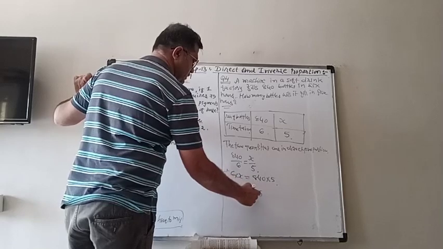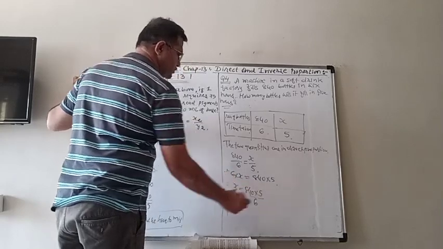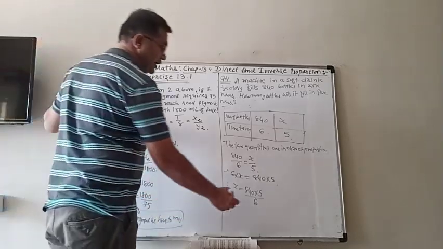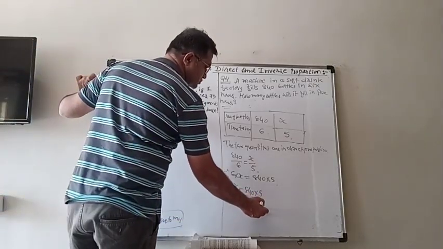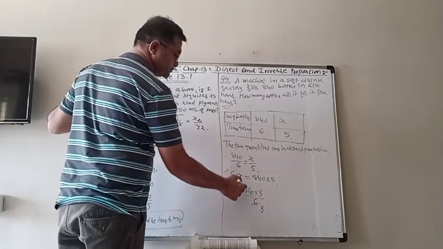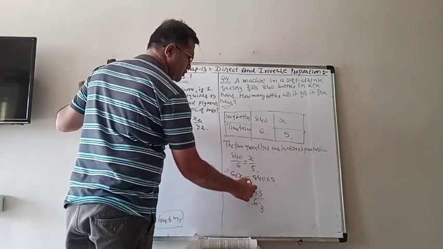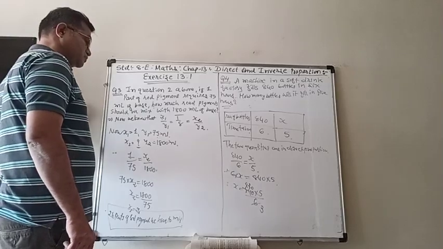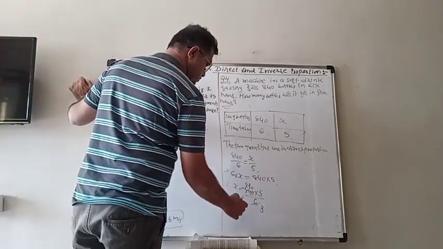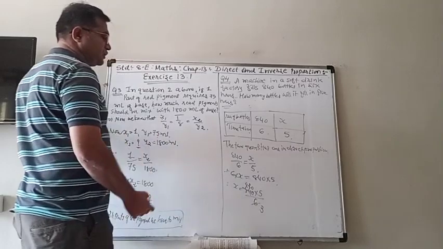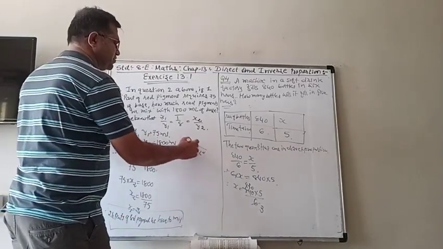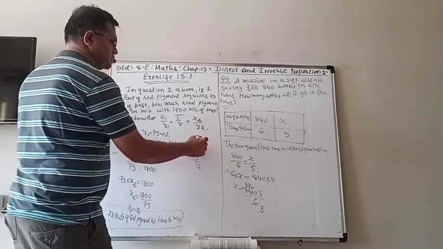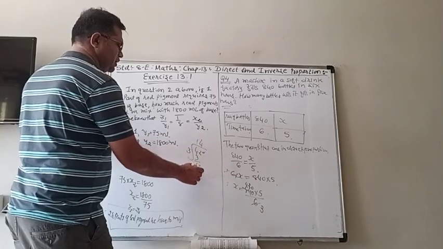840 multiplied by 5 divided by 6. Now 3 2s are 6, 420. Now you can divide 420 by 3. You can easily divide it. 3 1s are 3. 3 4s are 12.